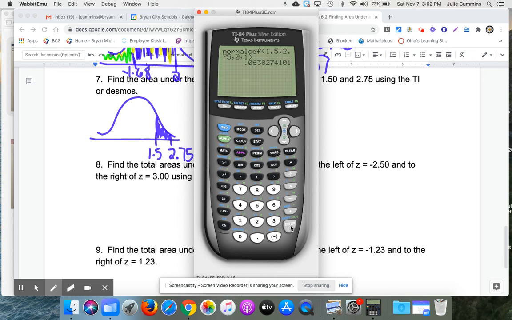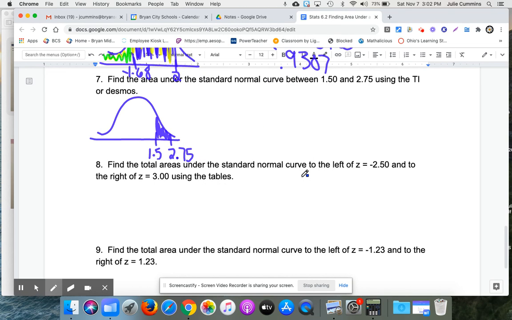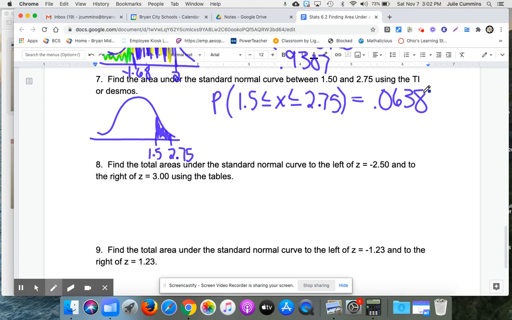Paste and enter, and you should get 0.0638. So again, I didn't write down what this actually is. This is the probability that our x value is between these two things, is 0.0638. We'll catch those last couple of problems in the last video.